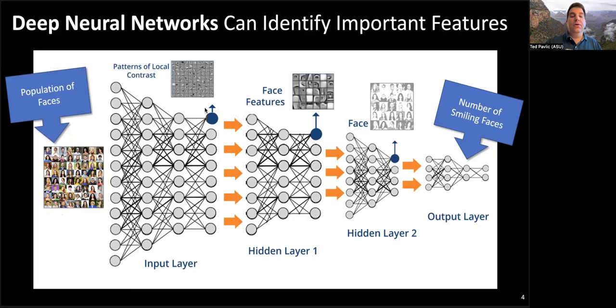And so at earlier layers, it extracts patterns of local contrast. At later layers, it assembles those patterns of local contrast into patterns of facial features. At even later layers, it assembles those facial features into properties of faces, like this is a smiling face, this is a frowning face, and so on. And that ultimately allowed it to do a calculation like count the number of smiling faces in this cluster of faces. And so it automatically figured out the features that it needed.